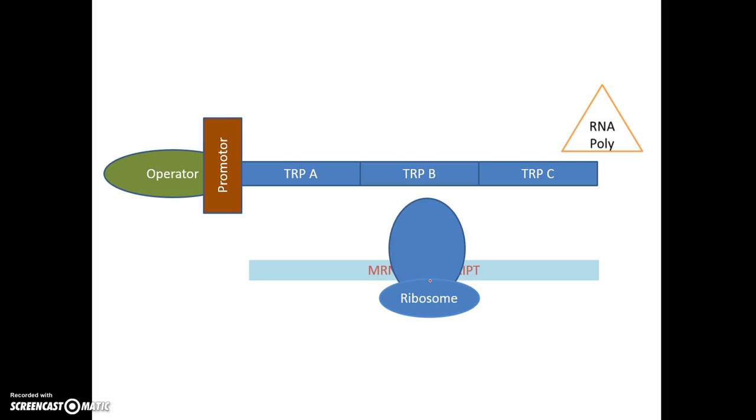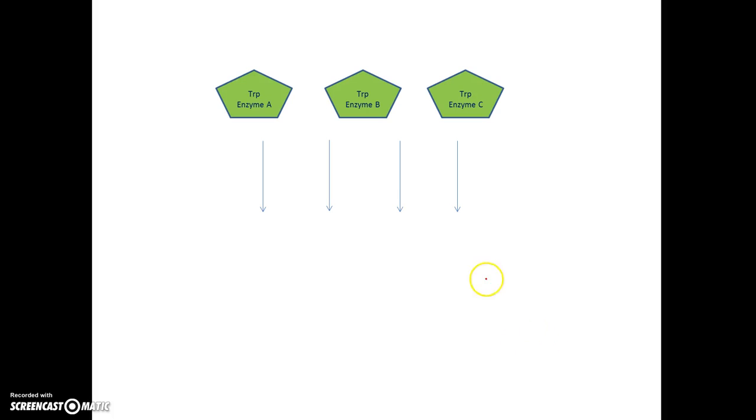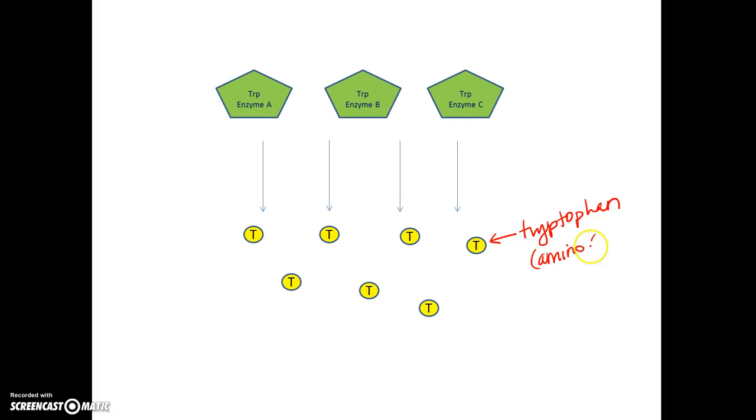Our mRNA transcript is going to get translated and we're going to make all of these enzymes that are needed to make tryptophan. These enzymes work together to make tryptophan, an amino acid that we need, and we're going to produce that.